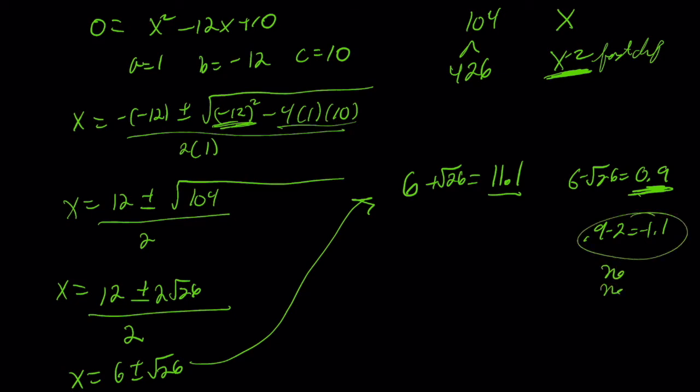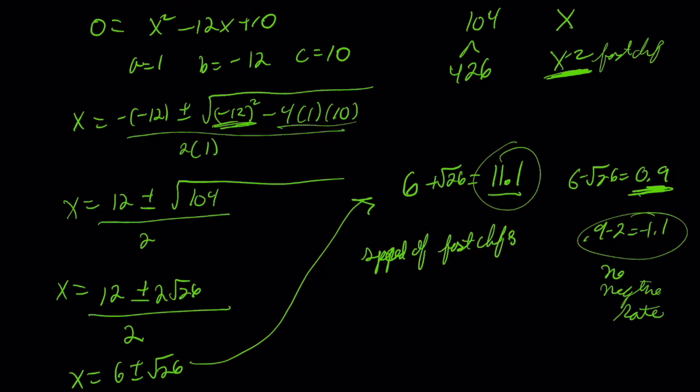And this can't be a negative time. So 11.1 had to be the time of the slow chef. So now find the time of the fast chef. I'm going to go ahead and take 11.1 minus 2. That gives me 9.1 hours that the fast chef could have done it by himself.